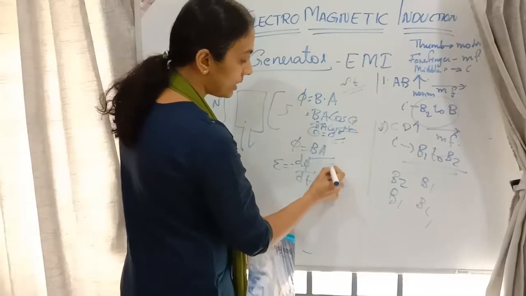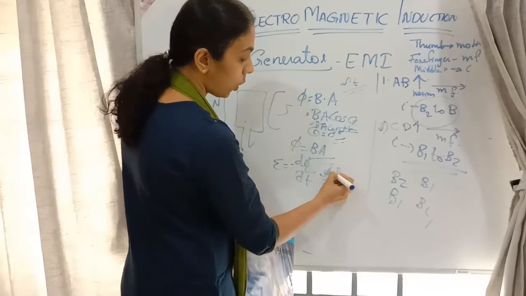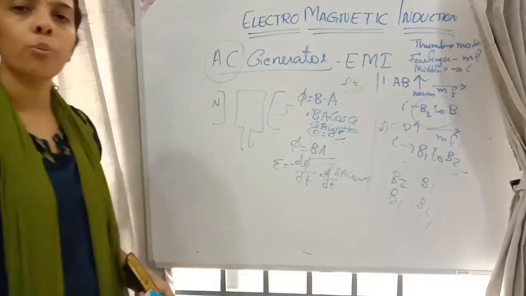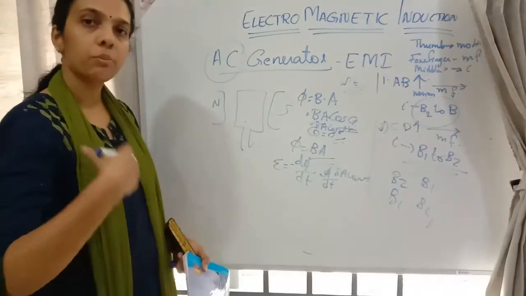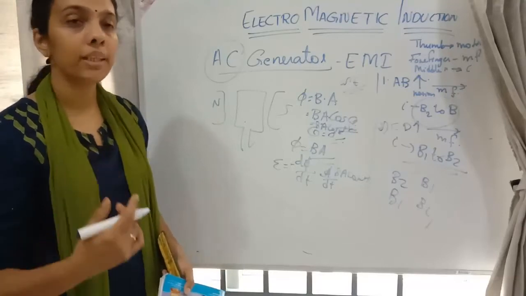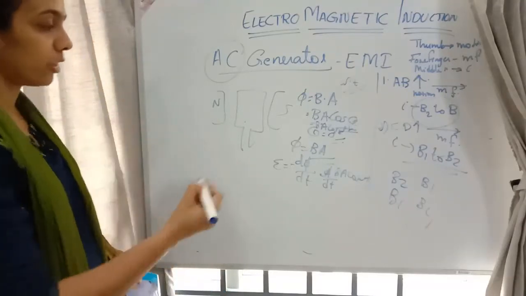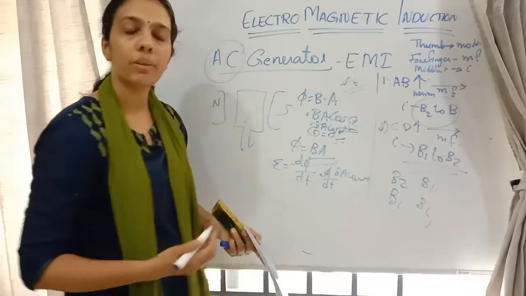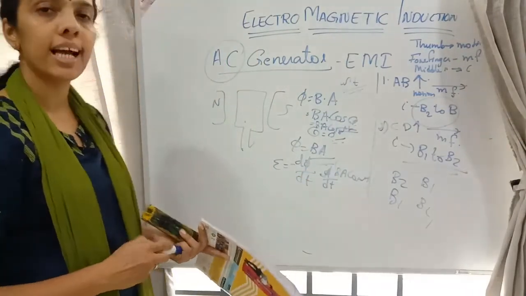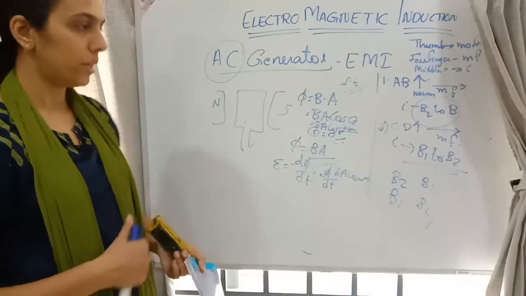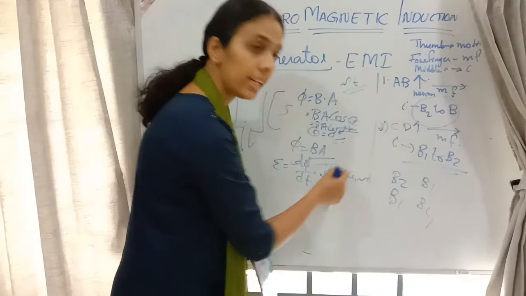So d by dt of BA cos omega t. When we differentiate cos omega t, we will get minus sin omega t into omega, because we should again differentiate the inside part.